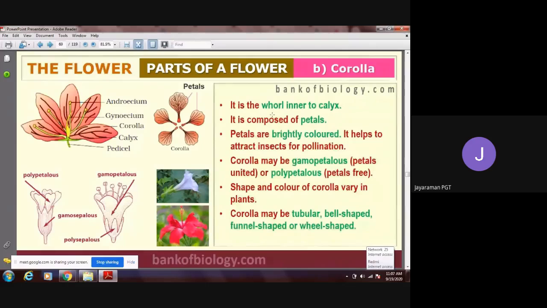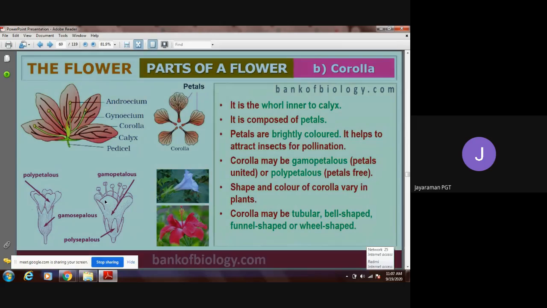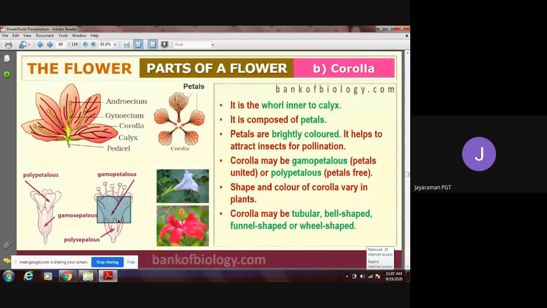This corolla may be fused to form many shapes like tubular, bell shape, funnel shape, wheel shape. Different shapes it forms. Anyhow, these are all known as gamopetalous, which means fused. In this picture, you can find this fused. Only the tip is free, but the base is all fused. And you look at the sepals. Sepals are free here. So polysepalous, gamopetalous.